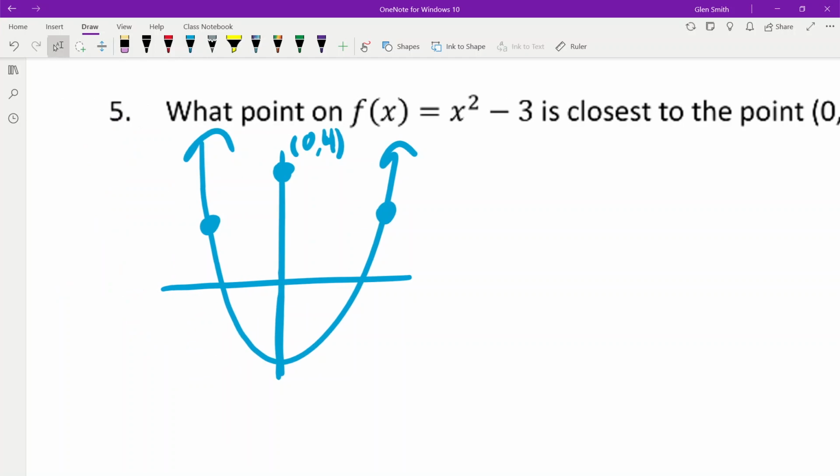And just to highlight, you don't need to do this for this question, but just to make sure this is making sense, what we're doing, not just memorizing these steps. If I were to have a point on this curve, let's say it was up here to here to here, what's the distance between this point and this point doing as I move the point closer? Is it getting bigger or smaller?